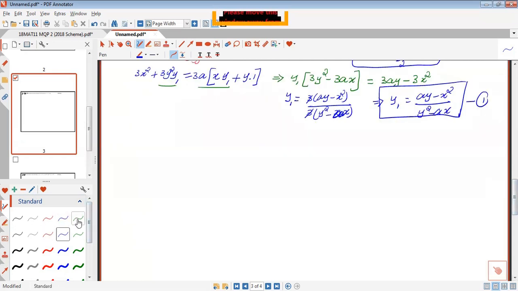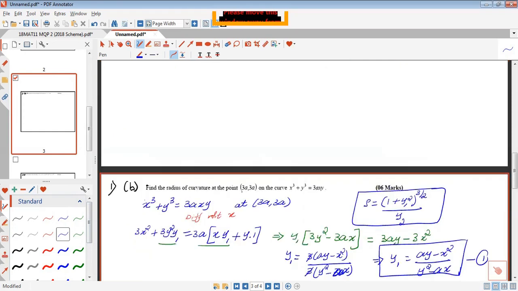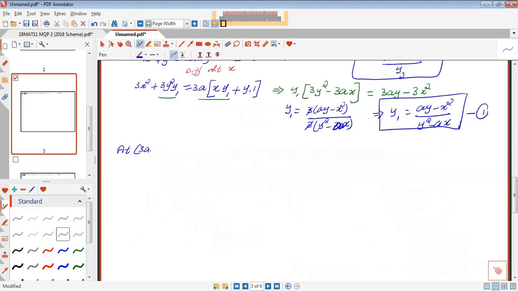Now, at the point 3a comma 3a is given. At the point 3a comma 3a, the value of y1. Let us find y1 at 3a comma 3a. y1 at the point 3a comma 3a.